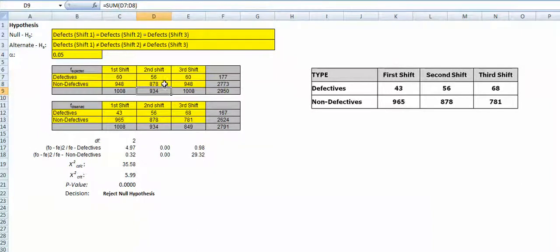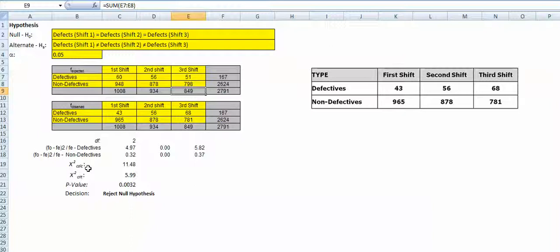And what we would have expected on the second shift are 56 defectives, 878 non-defectives. And then on the third shift we have to make a similar adjustment. In this case we're going to use 849. So we'll go up here and make it 849. And then finally, we'll make that same adjustment here at 849, 849. So this is what we observed. This is what we would have expected based on our observation.